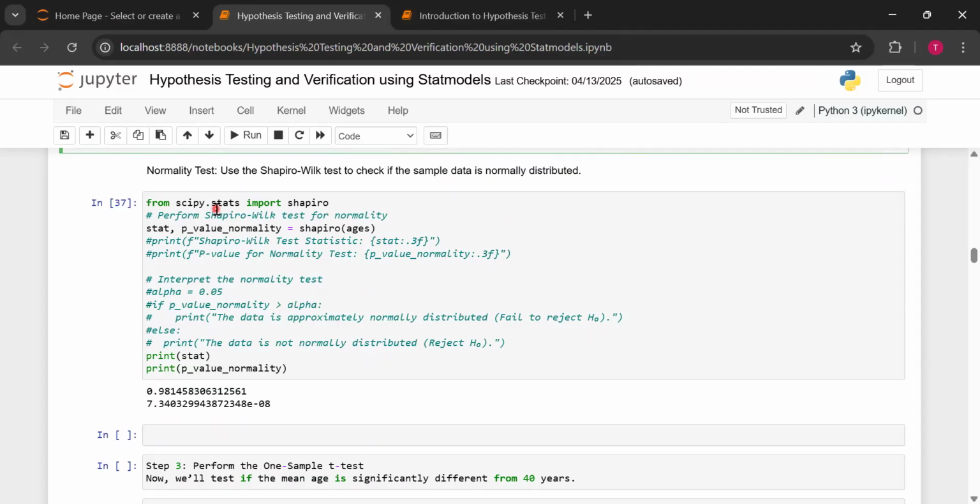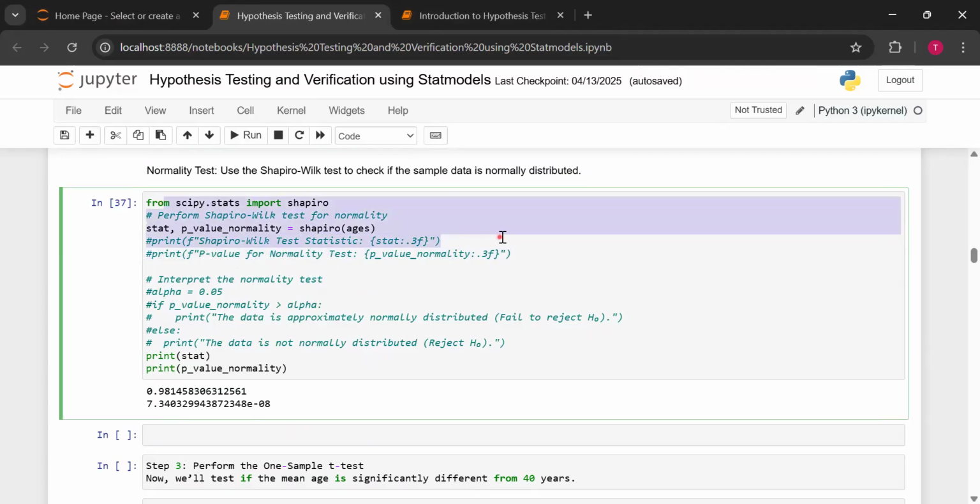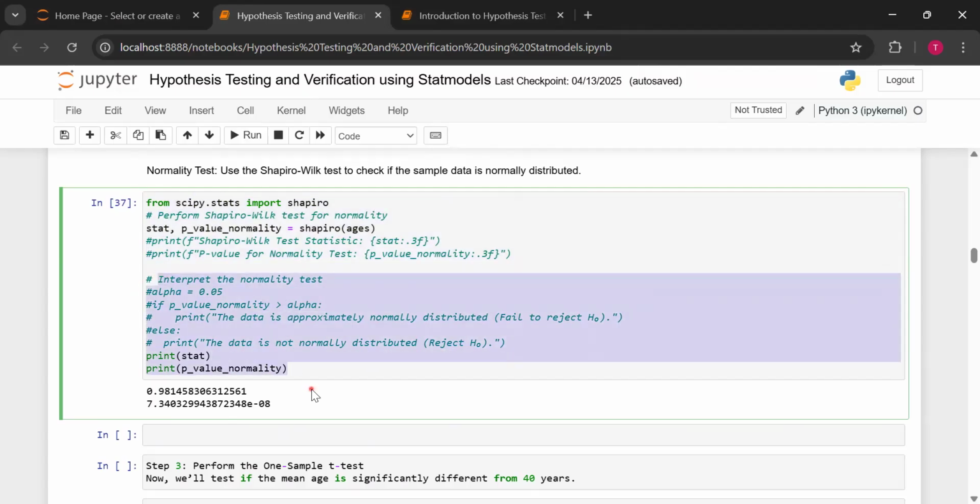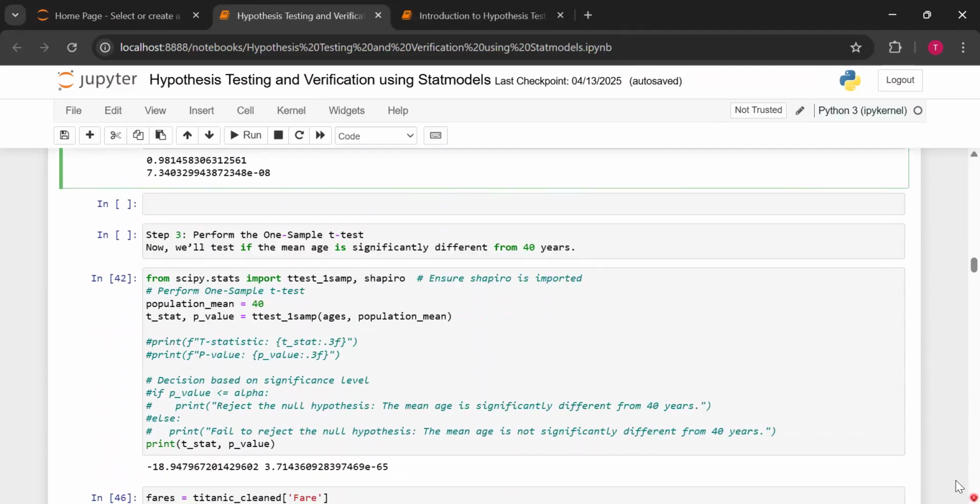And so, again, this is just the first part, testing for normality. The second part of the code here helps us to test for what? Our results. Then, what have we tested? The one sample t-test.